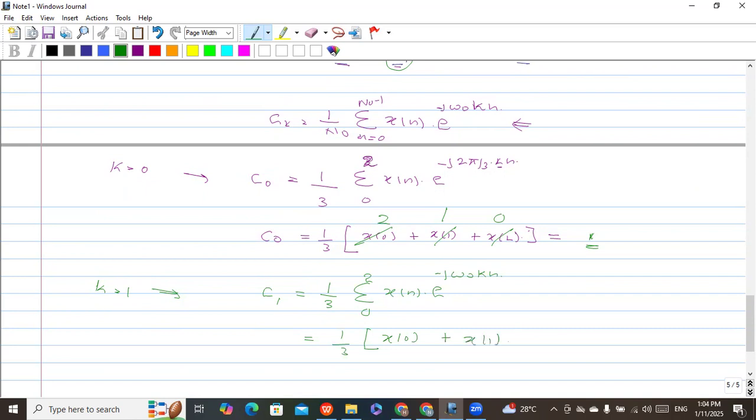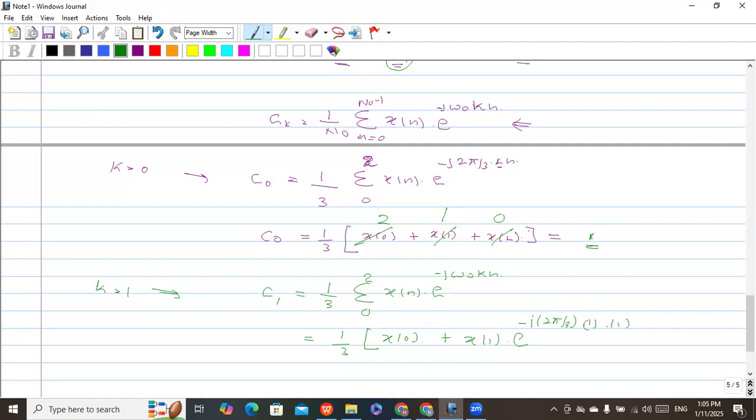So x1 is there. Now e terms is there, because k is 1, n is also 1. So it will be minus j omega naught is 2π by 3, k, that is 1, and n, that is again 1.